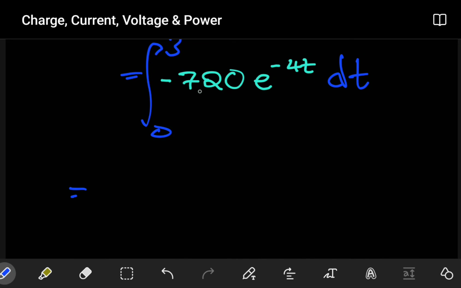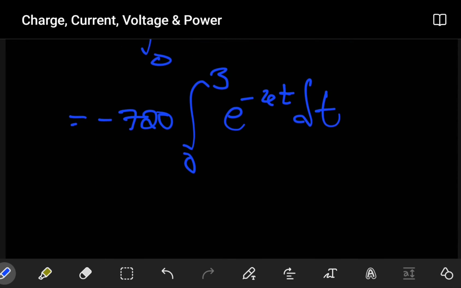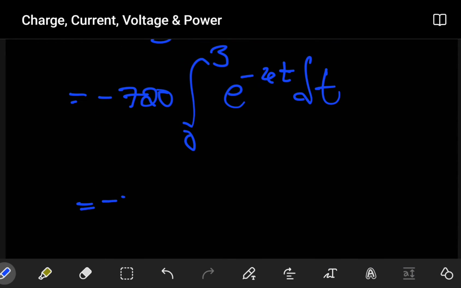Of course the constant, negative 720, is just a constant. It will come out of the integral. So we're just dealing with the integral from 0 to 3 of e to the power minus 4t with respect to t. To integrate this, all we have to do is differentiate the argument of the exponent and then divide by it. The derivative of the argument of the exponent is minus 4.